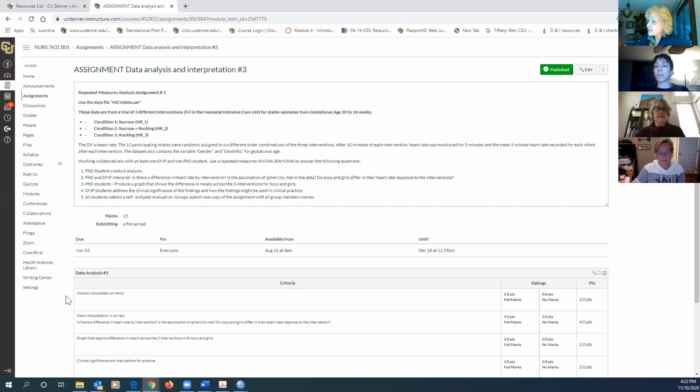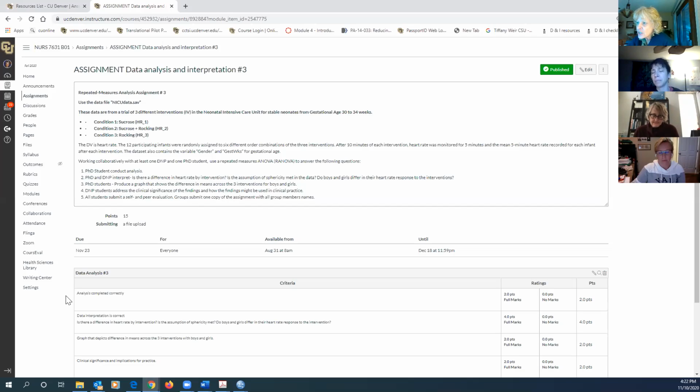So it doesn't tell you to do anything with gestational age. So we tried that, and then when we only put the gender in, because we knew for the graph you were only interested in gender, but for the statistics we tried taking gender out, and we got the same output, but it was just condensed to having removed the other variable.